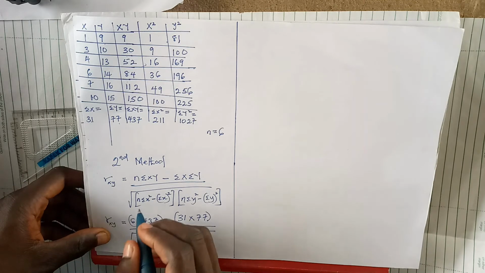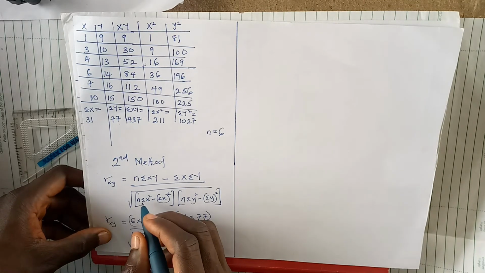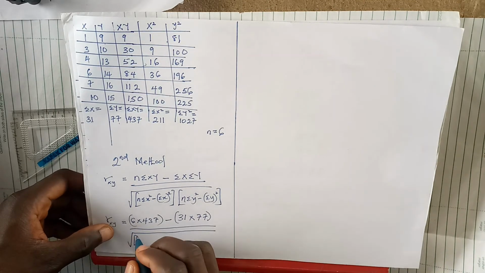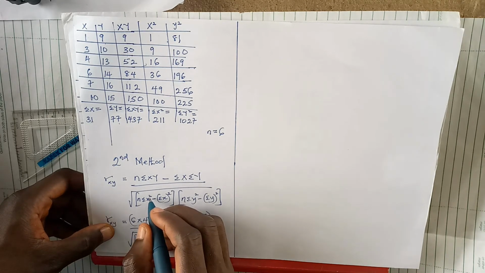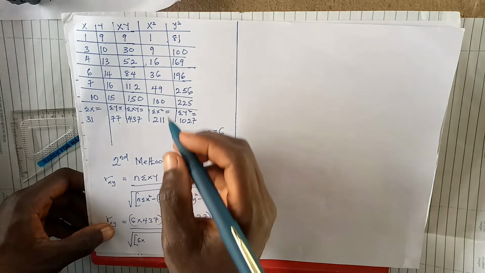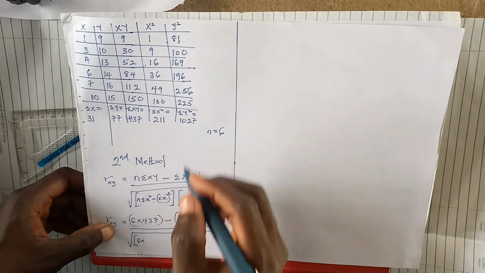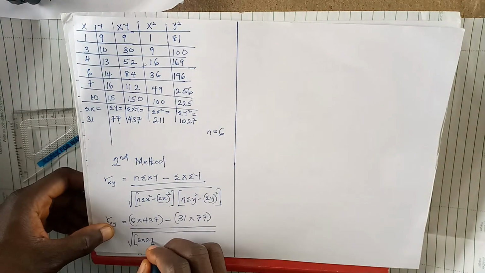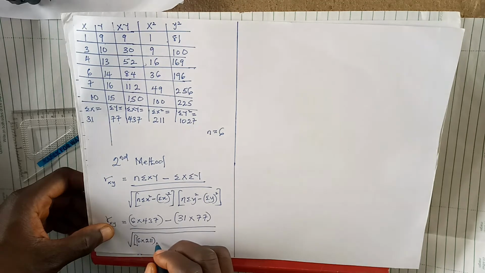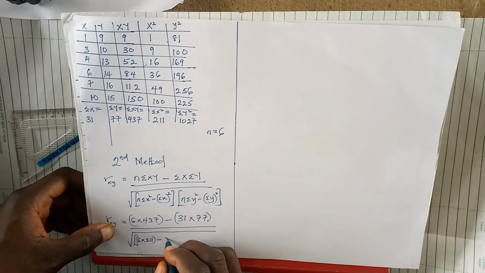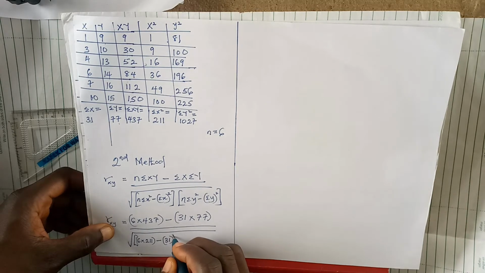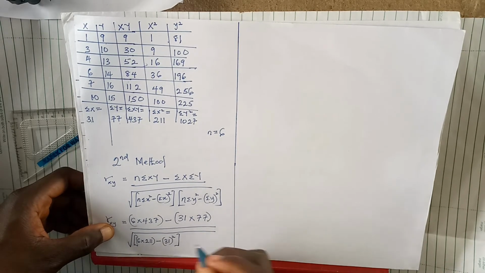Square root, so n, and our n here is 6, multiplied by summation x squared. The summation x squared here is 211, so we have 211 minus summation x, which is 31, so we have 31 squared, close the bracket.